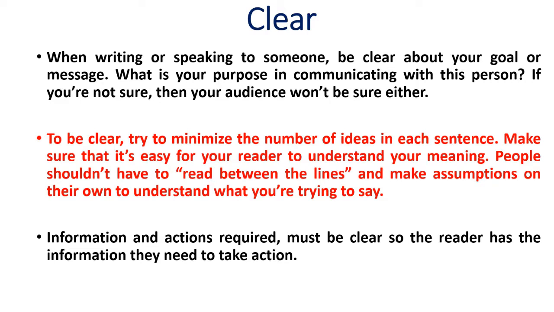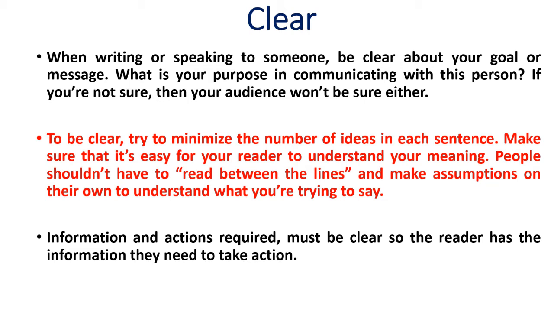Clear is the first C of the 7 C's of communication. When writing or speaking to someone, be clear about your goal or message. What is your purpose in communicating with this person? If you are not sure, then your audience won't be sure either.